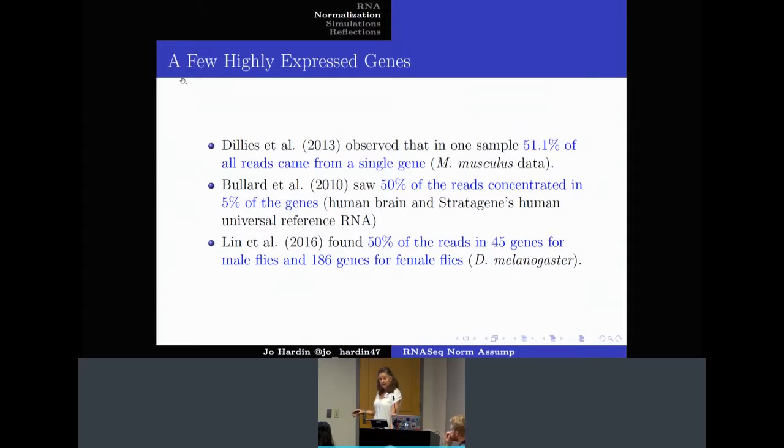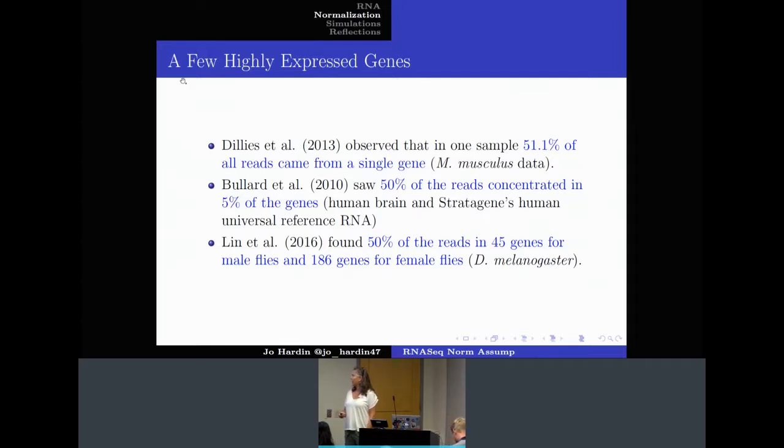So here's something that happens. Sometimes in experiments, there are one or a few genes that drive the expression. In this first bullet point, they observed that in one of their samples, over 50% of all of their reads came from a single gene. In the second example, 50% of the reads were concentrated in about 5% of the genes.